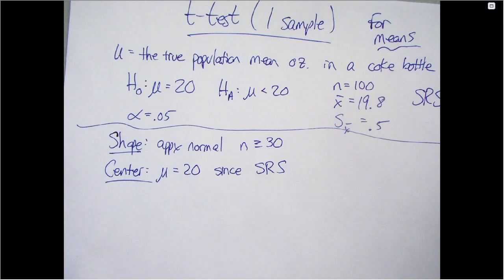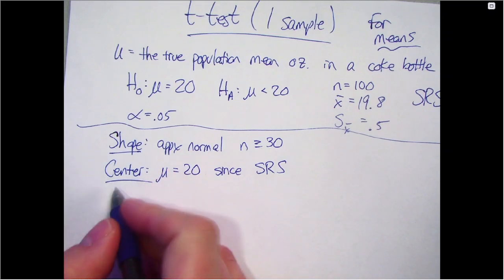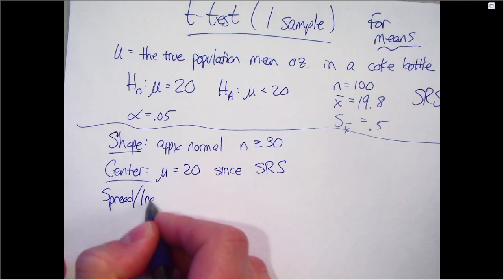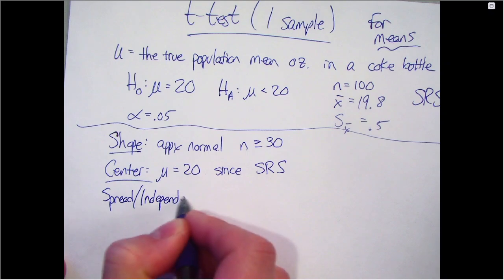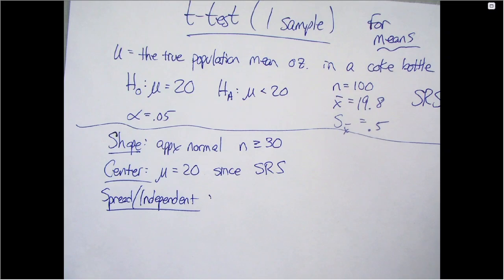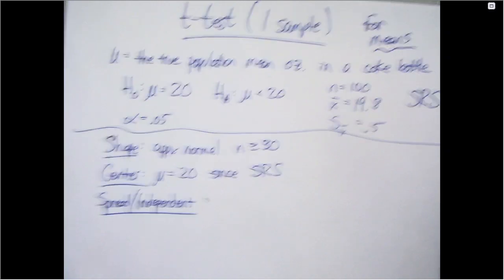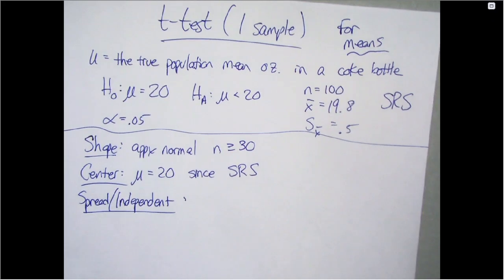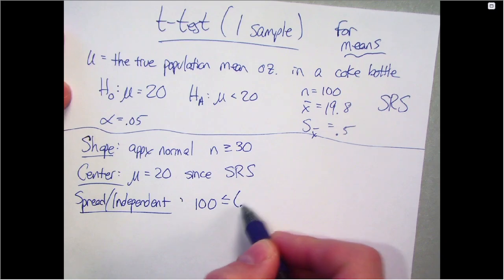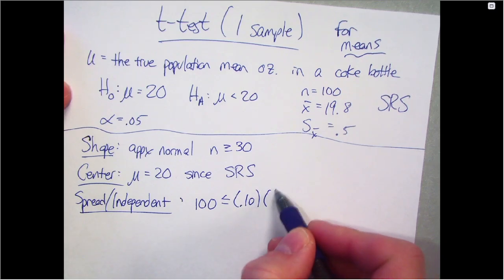So we would assume the mean of our sample is the mean of the whole population, as long as we did randomness, and we did. And then spread, independent. This is the 10% thing that we need. So I'm fairly certain that 100 is less than or equal to 10% of all Coke bottles.